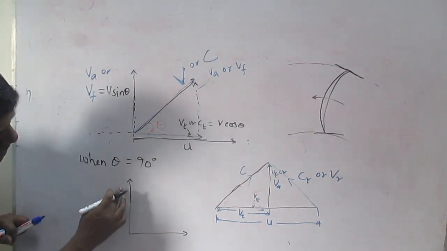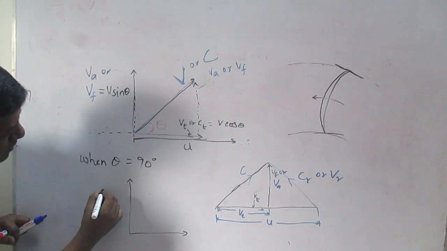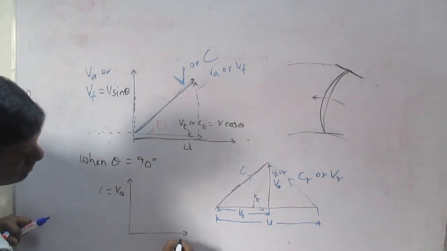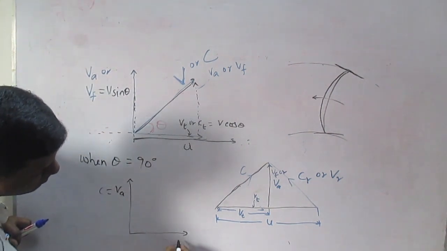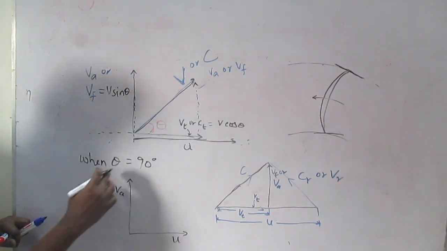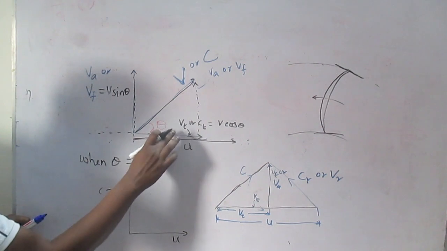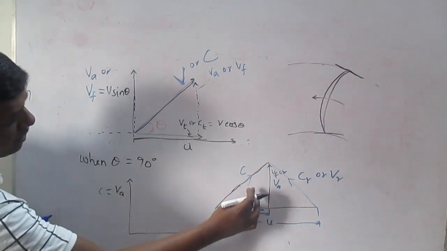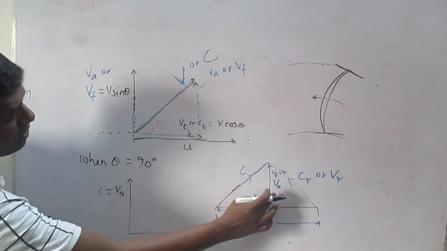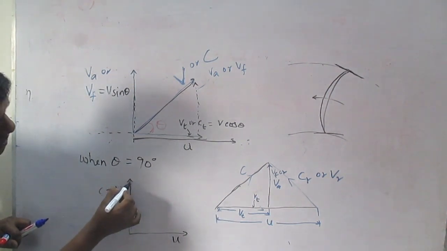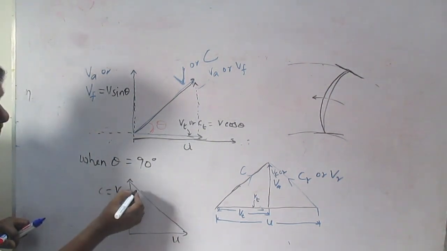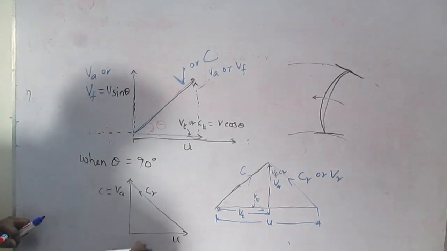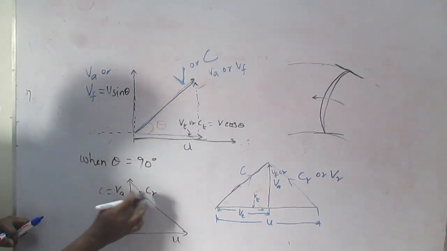We can just say now C equals V1, C equals VA or VF. This component is nothing but our blade velocity U, because when theta equals 90 degree, our tangential velocity component is 0. As per the actual triangle, this will be joined, so the relative velocity will be there, CR. So this is C and this is U, and this component is nothing but CR.